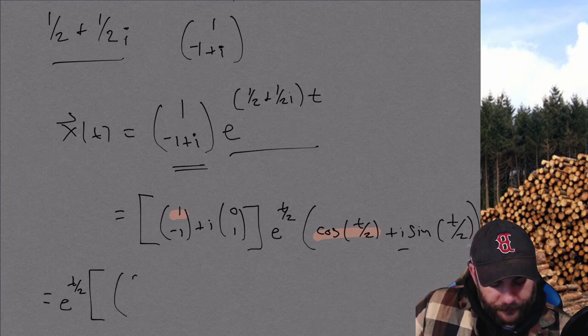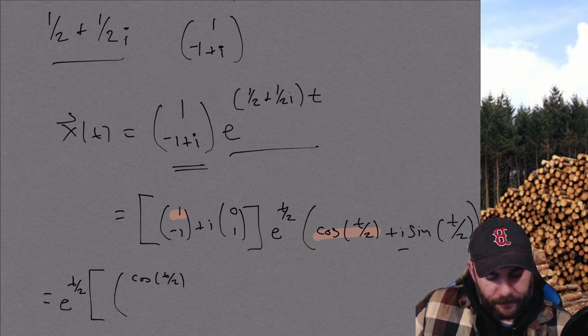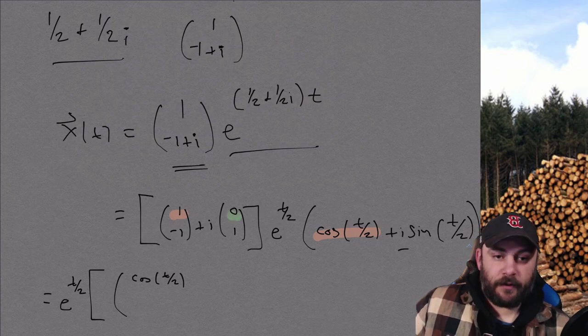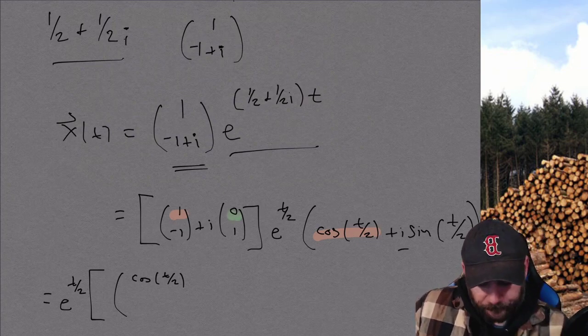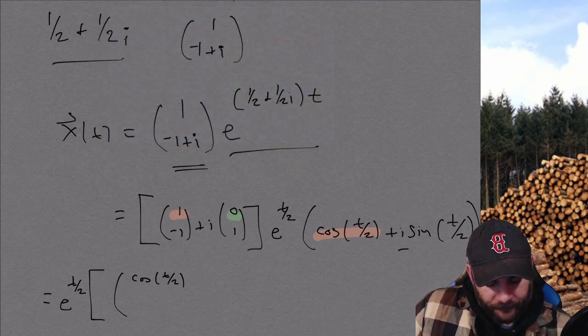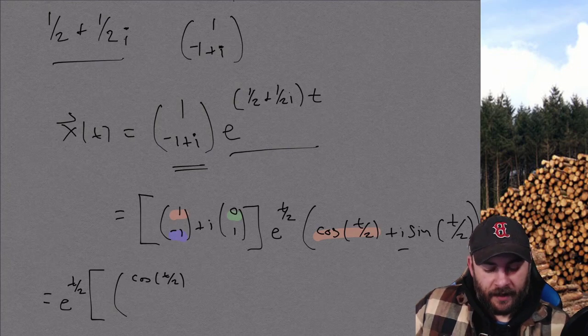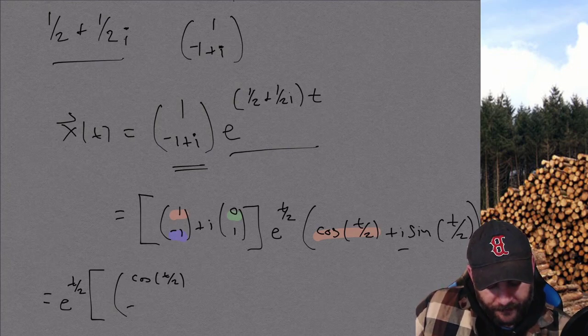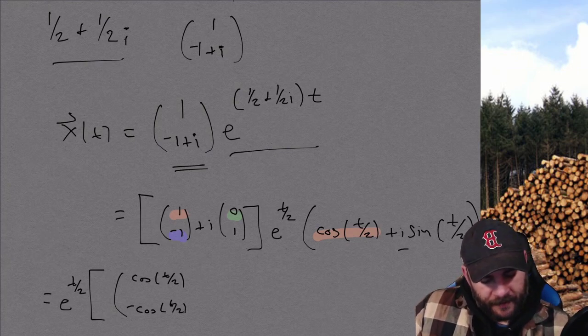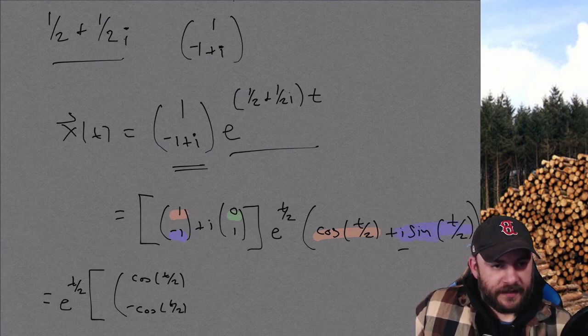I will get cosine t over 2. If I multiply the cosine by this 0 right here, I get 0, so it doesn't contribute anything at all. And then in the bottom, if I take this cosine and multiply it by this negative 1 right there, I will again get a real valued function, negative cos t over 2. All right, so far so good, right? Now, if I look at this sine function I've got sitting over here, it's got an I in front of it.